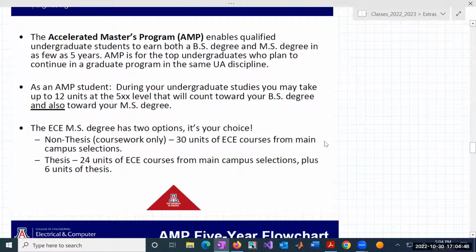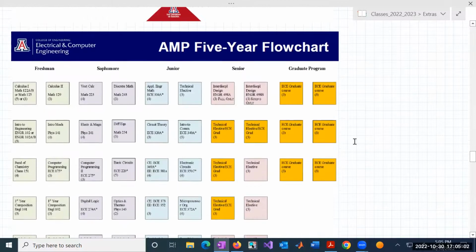What it does is it allows you to count 4 of your technical elective courses, if you take those at the 500 level in your undergraduate degree program. You can count those towards your undergraduate degree program.